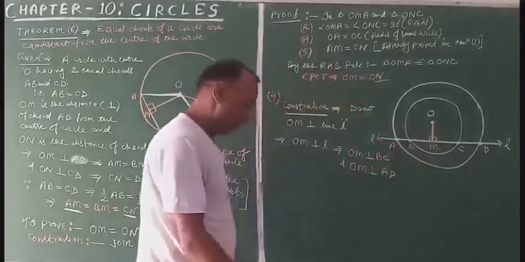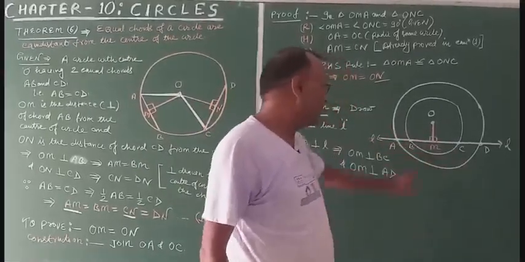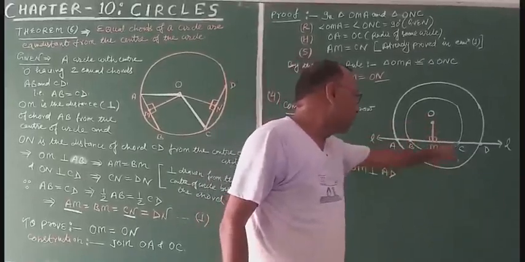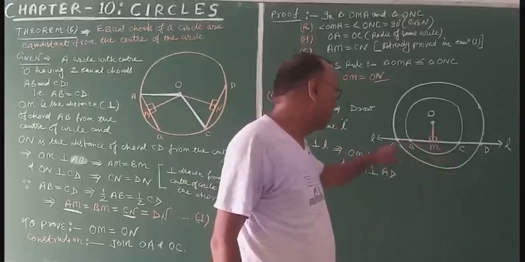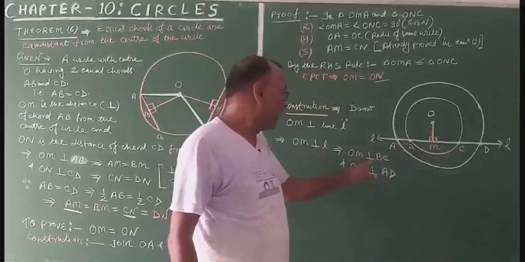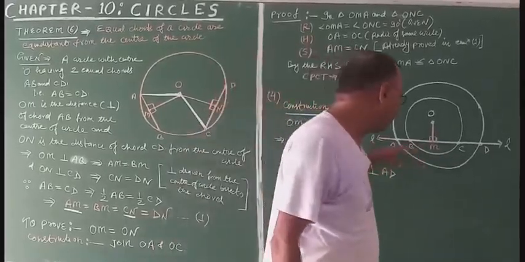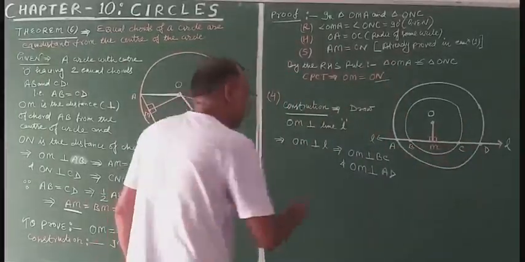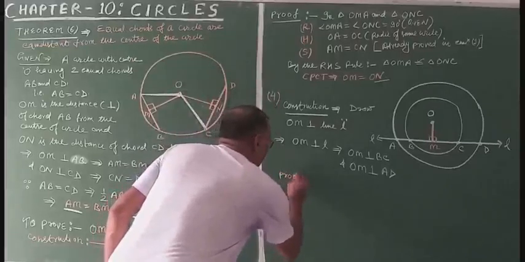If OM is perpendicular to the whole line L, then OM will be perpendicular to this small part of line BC and the part of line L which is AD. Is it clear? Now let's look at the proof.